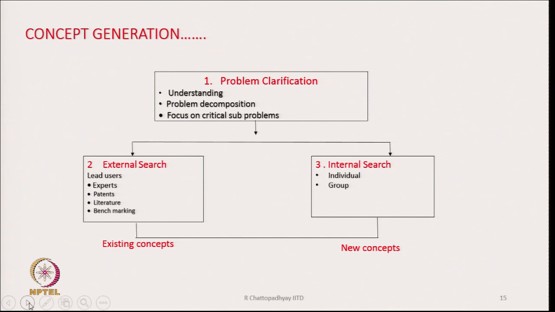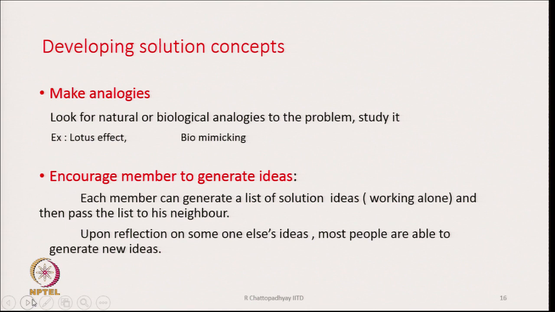now we go to the next step, existing concepts and new concepts. What is it? While trying to develop solution concepts, we can take the help of analogies. That is, look for natural or biological analogies to the problem.